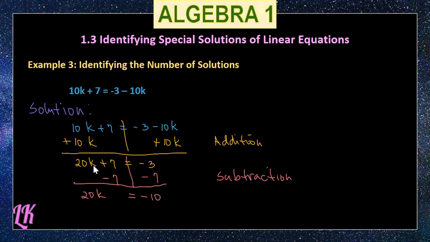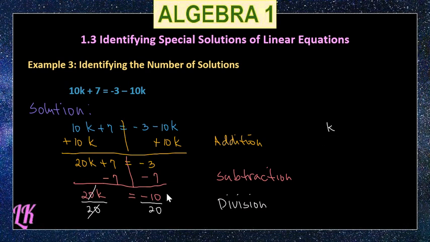We can eliminate the coefficient of k, which is 20, by division. So we are using division property of equality. So we can cancel 20 because 20 divided by 20 is equal to 1 times k is equal to k.